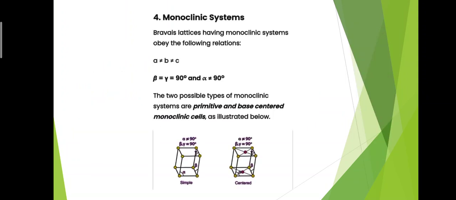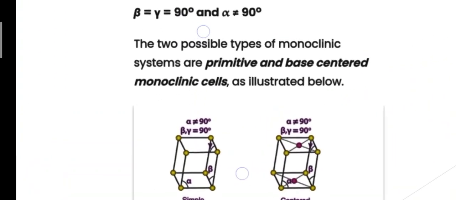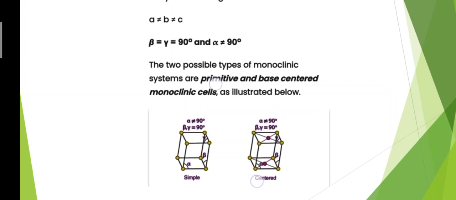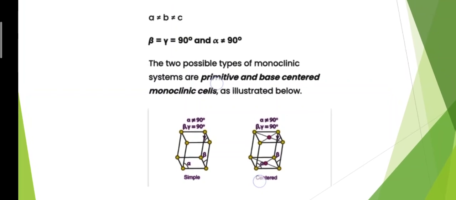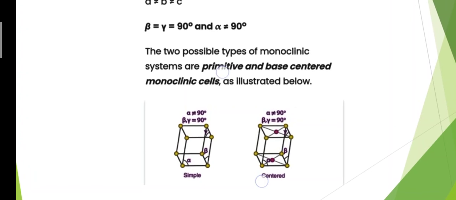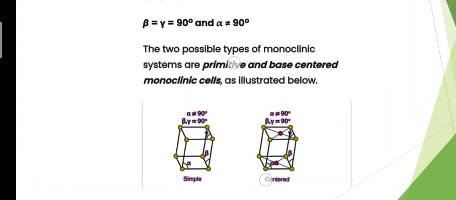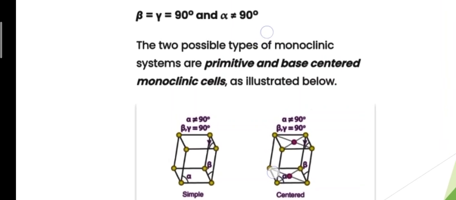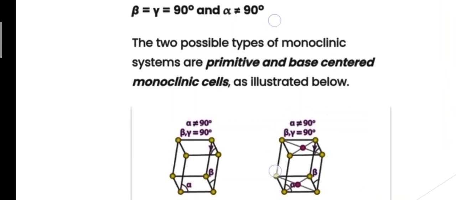Number 4, monoclinic systems. Bravais lattices having monoclinic systems obey the following relations. A is not equal to B is not equal to C, and beta is equal to gamma is equal to 90 degree, and alpha is not equal to 90 degree. The two possible types of monoclinic systems are primitive and base-centered monoclinic cells.